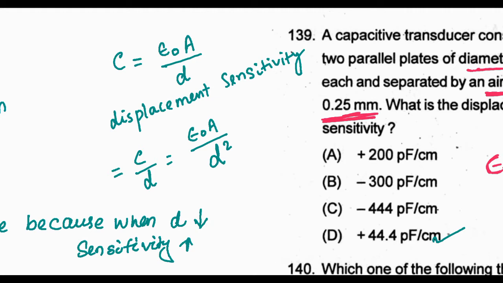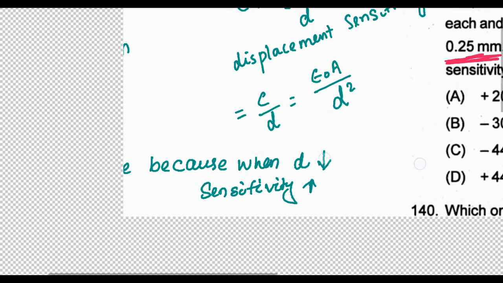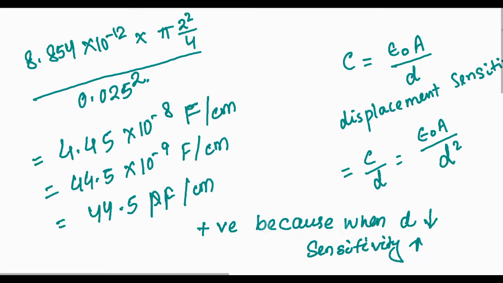Here the output is capacitance, so what will be the sensitivity? Change in output by change in input. The input is displacement, that is D. So dC by dD is equal to epsilon 0 A by D square.